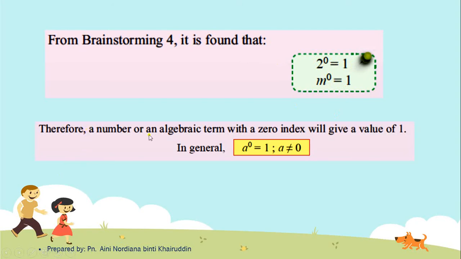Therefore, a number or an algebraic term with a 0 index will give a value of 1. So in general, a to the power of 0 equals 1, a is not equal to 0.